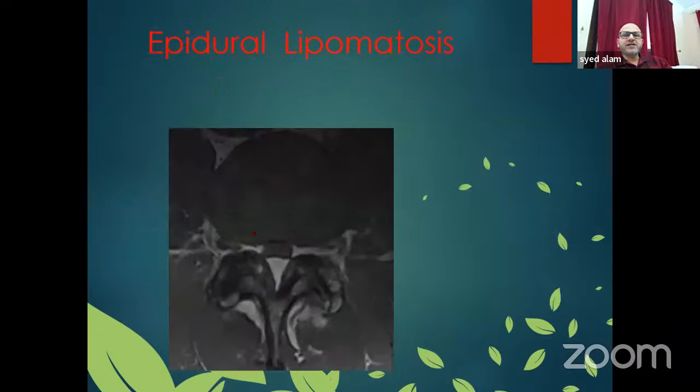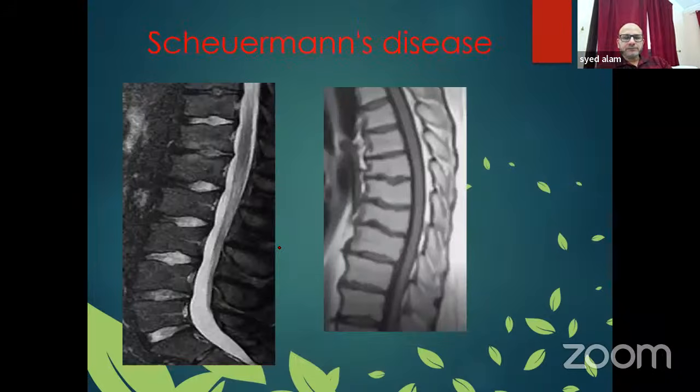And I think I've already shown you this, the epidural fat. So this is central canal stenosis because of epidural lipomatosis. And as I told you before, this patient has multiple Schmorl's nodes with end plate irregularity. That is Scheuermann disease or adult kyphosis.